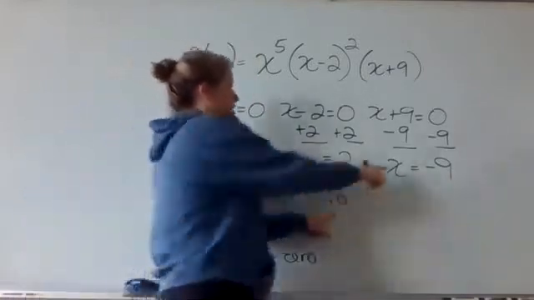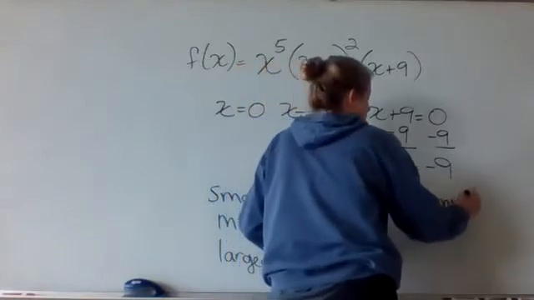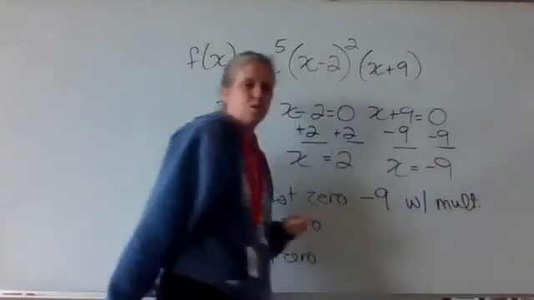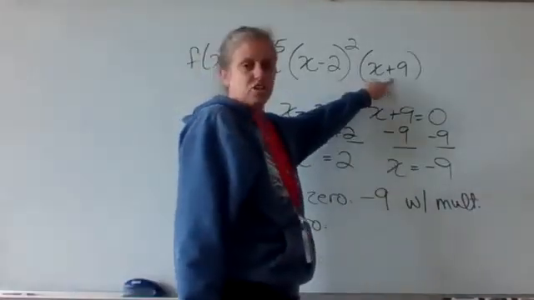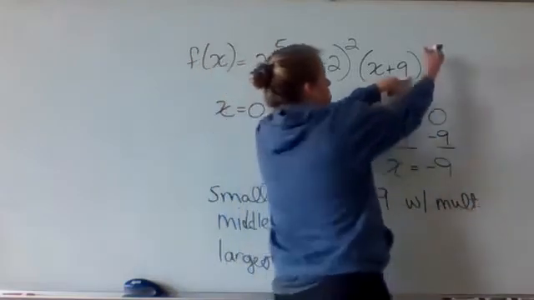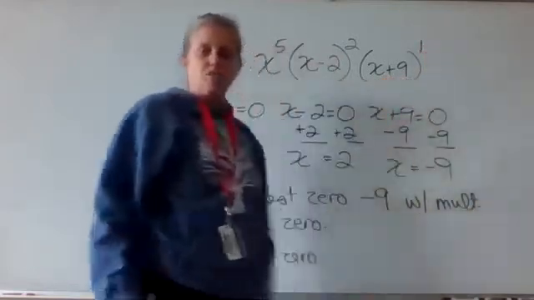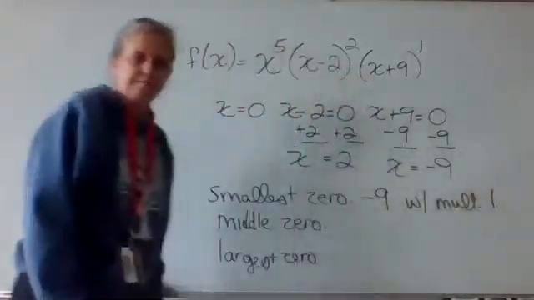So the smallest 0 would be -9. And then it's going to ask for its multiplicity. So where does its multiplicity come from? Well, I'll come back and look at the factor that I got it from, which is this one. And look at its exponent. If you don't see an exponent, it's automatically to the first power, right? So its multiplicity is 1.